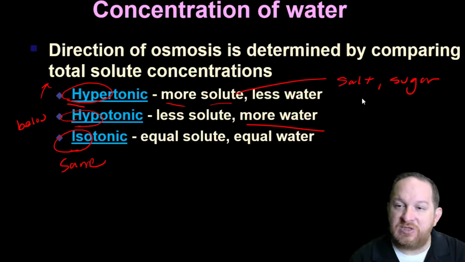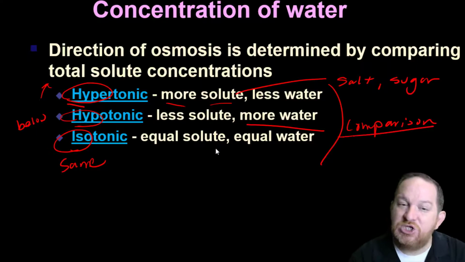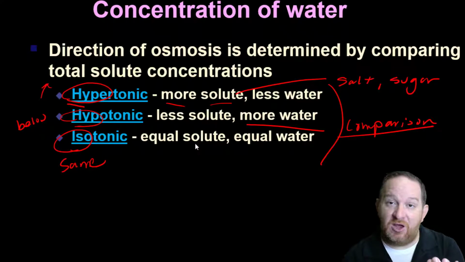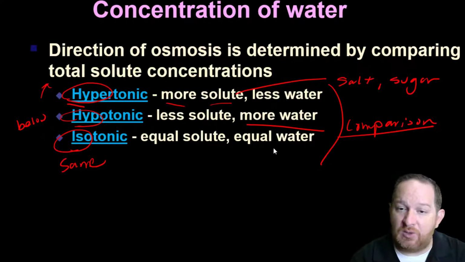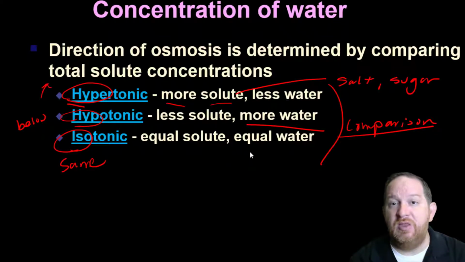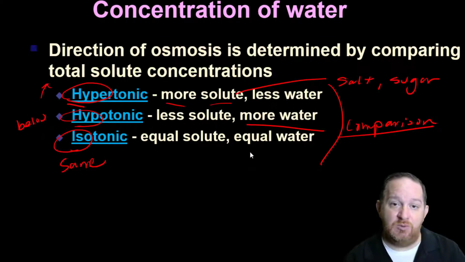This is all about comparison to environment or cells, okay? So we'll use these words when we're comparing, say, a cell to the solution that it's sitting in. Isotonic means equal solute and equal water in this particular circumstance that we're looking at.